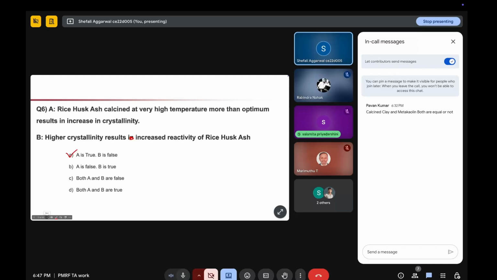Anybody else who thinks any other option is correct? Okay, correct, option A is correct. So rice husk ash, when calcined at very high temperature, will increase the crystallinity. However, more crystallinity doesn't mean increased reactivity of rice husk ash.